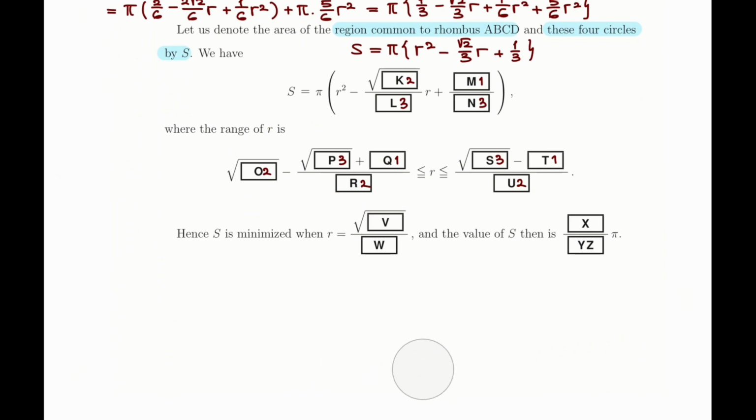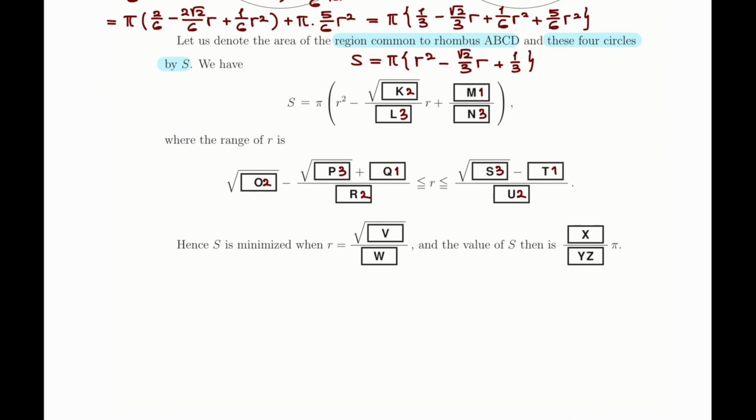Hence, the area of the common region is minimized when R is equal to some value. We need to find the value of R where S is minimized.